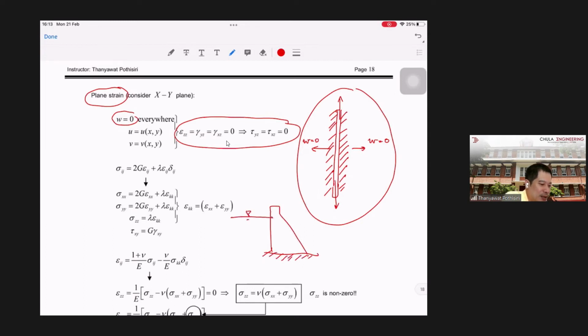Okay, so for a dam, you have water pressure like this.